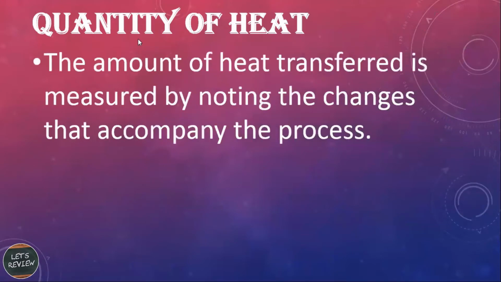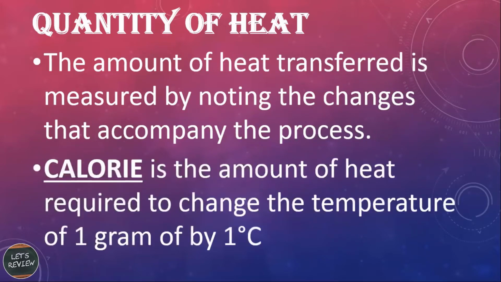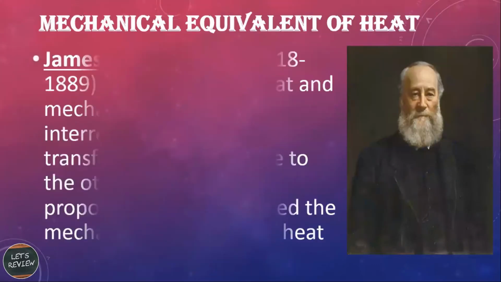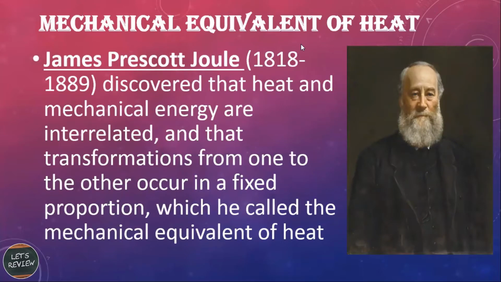So what about the quantity of heat? The amount of heat transferred is measured by noting the changes that accompany the process. Calorie is the amount of heat required to change the temperature of 1 gram of mass by 1 degree Celsius. The person who discovered the mechanical equivalent of heat is James Prescott Joule, born 1818 and died 1889.